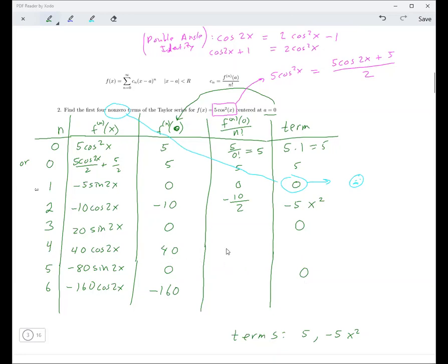But this one here, it's 40 divided by 4 factorial. And that reduces down to 5/3. So your term is 5/3 x to the 4th, because this is 4. Let me draw a line there.